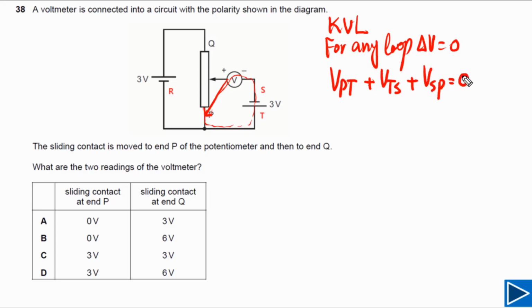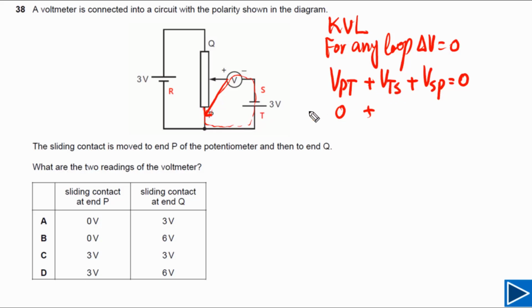And this has to be equal to 0. Potential difference between P and T, there is no potential difference. So this is 0 because there is just one ideal wire between these 2 points, so there is no voltage gain and voltage drop.